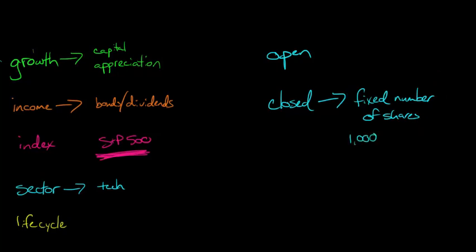So to buy a part of this fund, you have to buy shares from somebody else. The fund isn't going to issue any more shares. There's just 1,000. It's fixed. So if you want to buy one share, somebody in the fund has to be willing to sell you the share. And for that reason, these shares will be traded on an exchange.